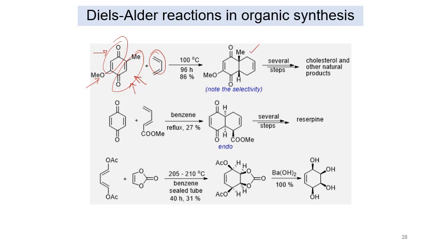Similarly here in the second case, you are also getting an endo selectivity. So you get this particular substrate after this selectivity, and after several steps this can be converted to reserpine. In the lowermost example you see here, both of these components are quite electron rich. Nonetheless, an attempt was made to synthesize the cycloadduct.